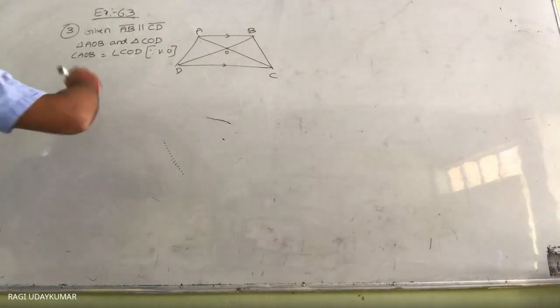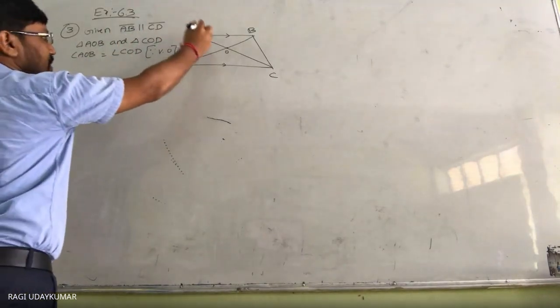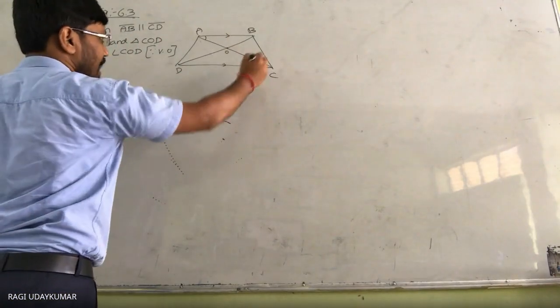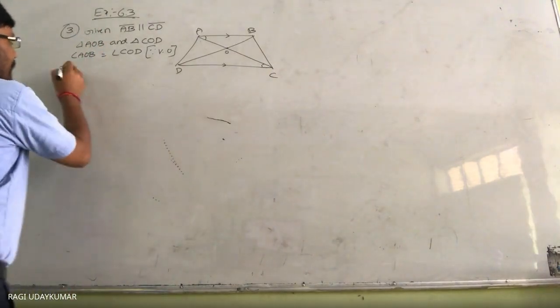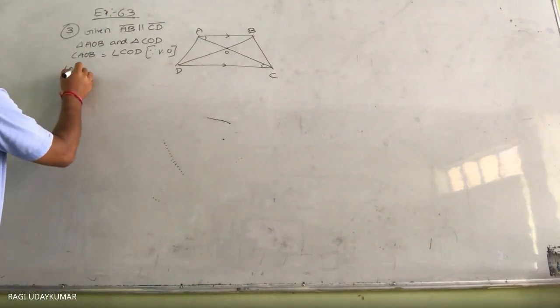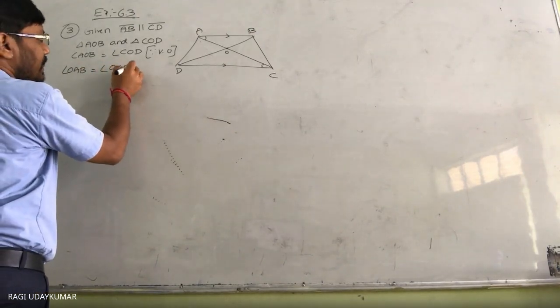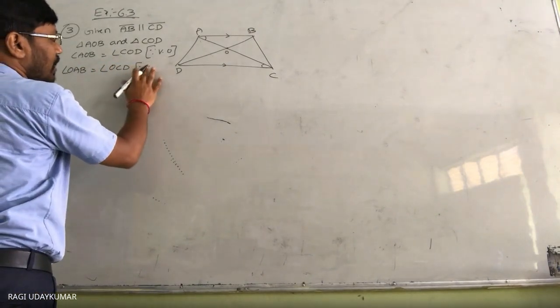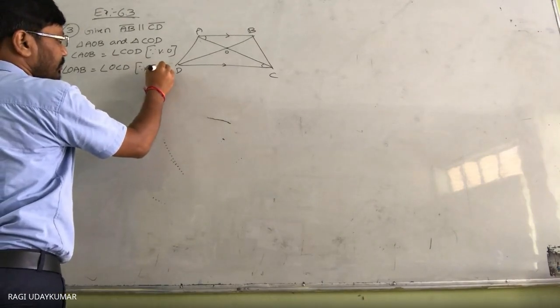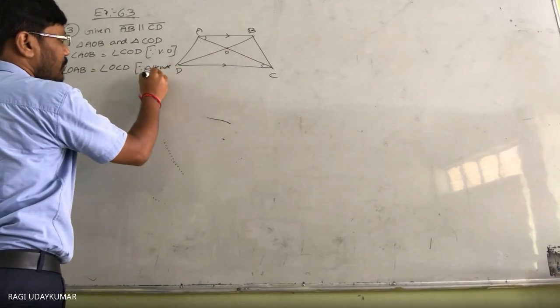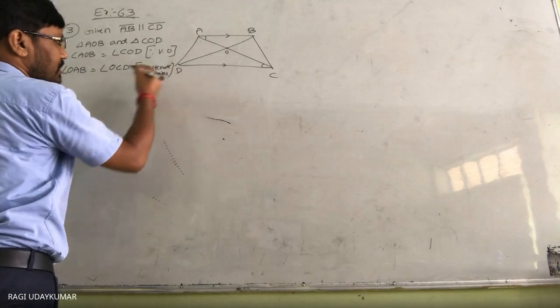Now it is given that AB is parallel to CD, so this angle will be equal to this angle because they are alternate angles. Angle OAB is equal to angle OCD because alternate angles. You need to write this reason here.